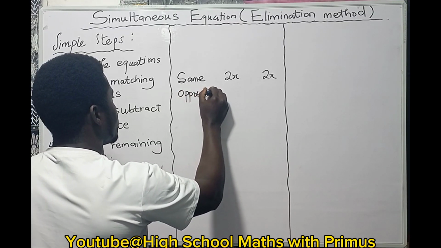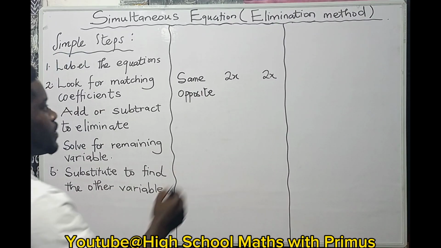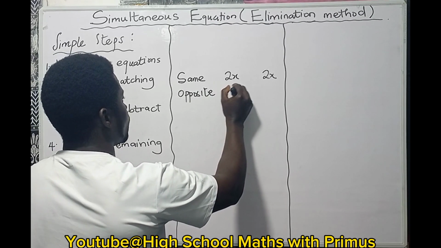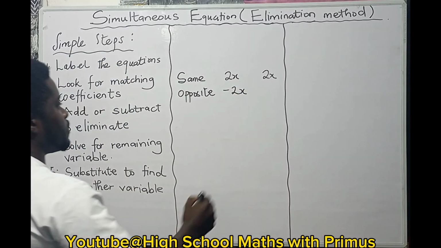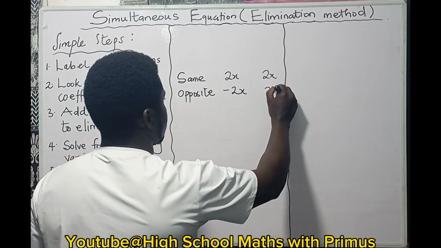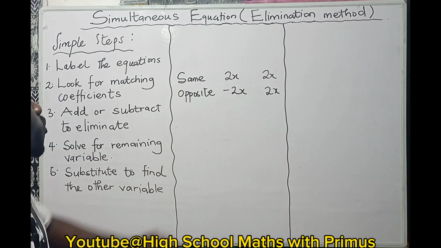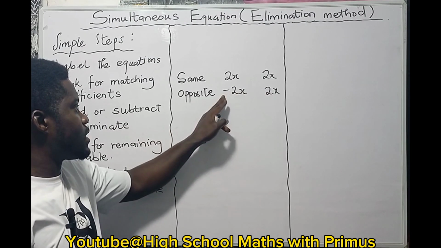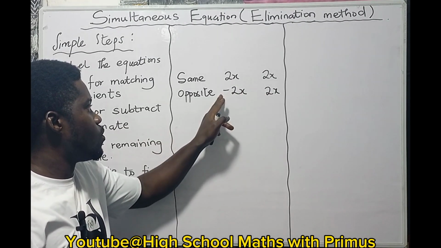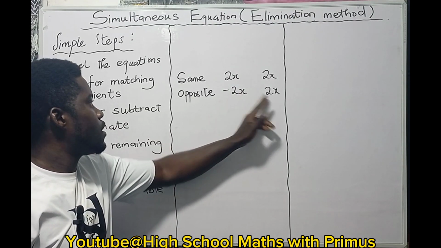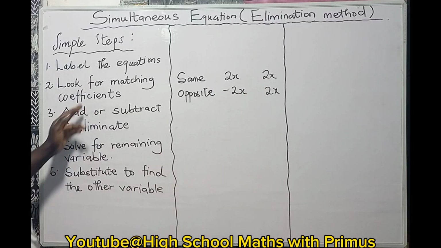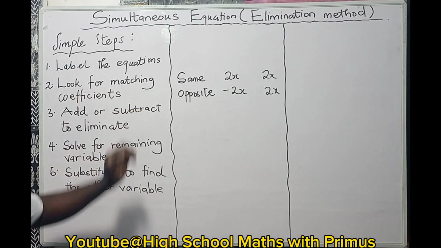Opposite means that the coefficient of x in one equation is negative x and the other is positive x. So even though we have 2 there, the operational signs are not the same. Whenever they are like this or like that, we consider them to be matching coefficients.